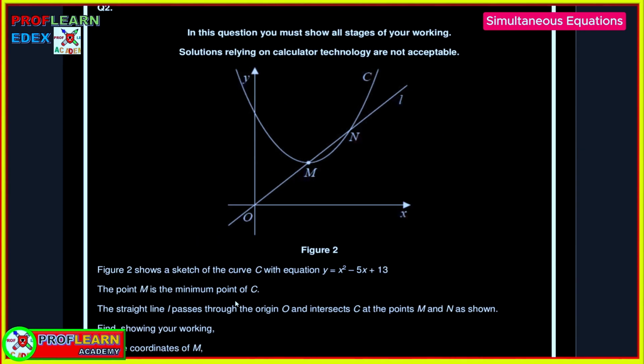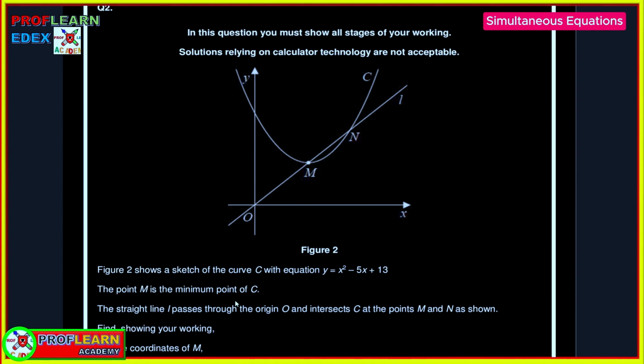Here, we are told that the figure shows a sketch of curve C with equation y = x² - 5x + 13. M is the minimum point of C. The straight line passes through the origin and intersects C at the points M and N as shown on the diagram.